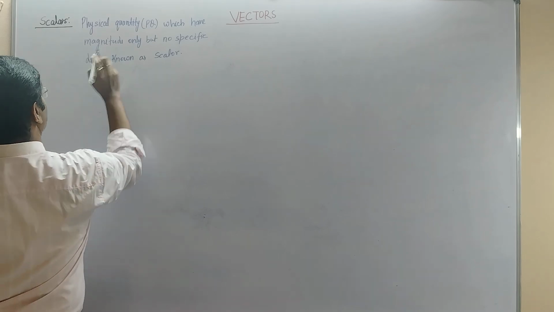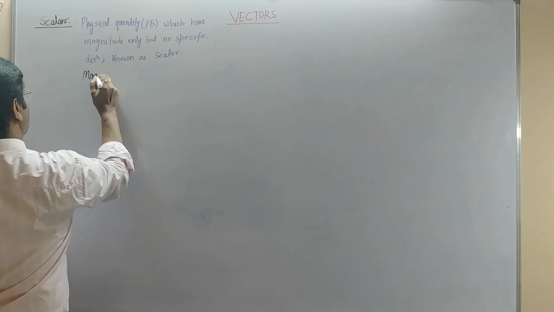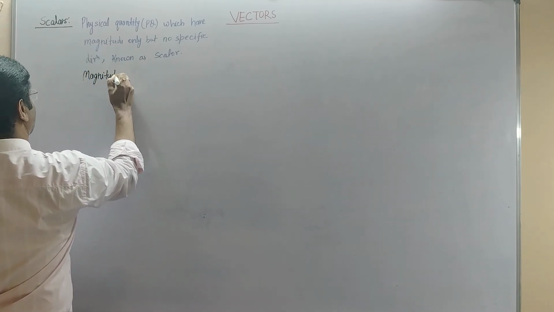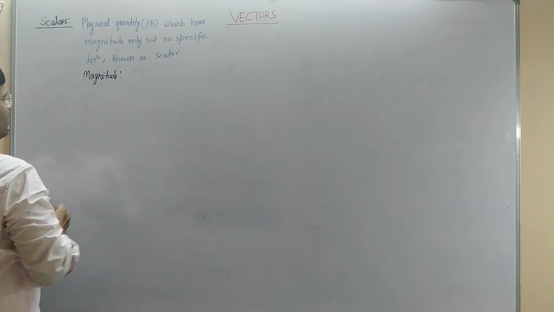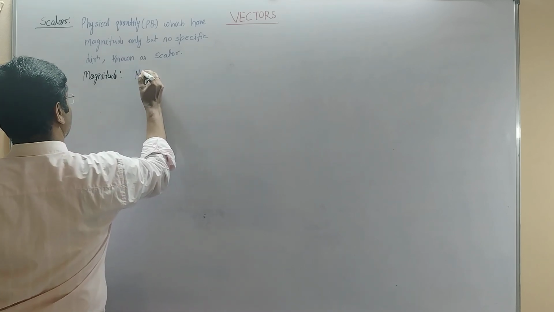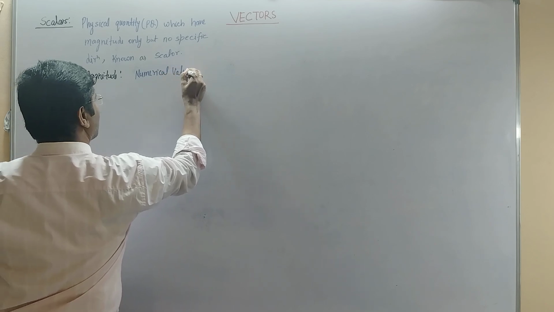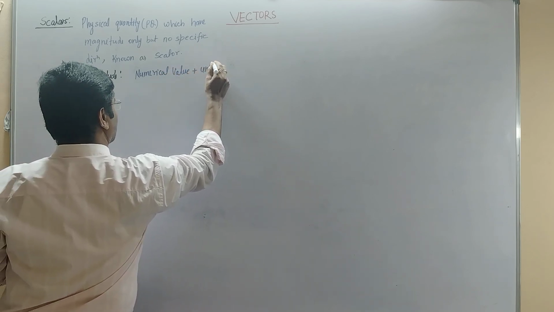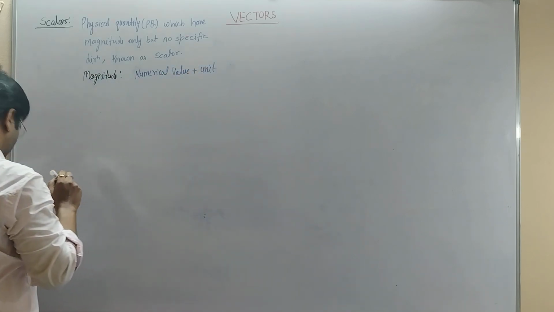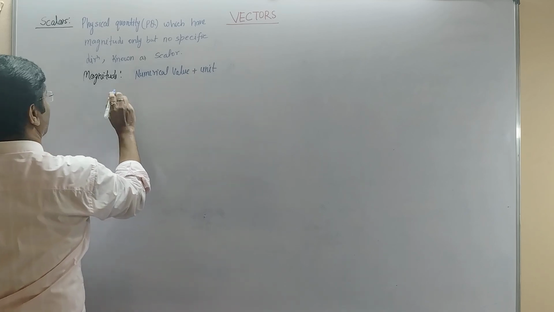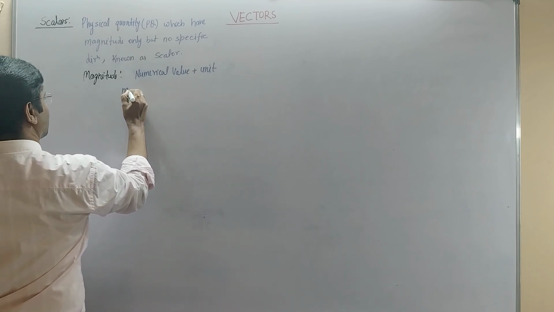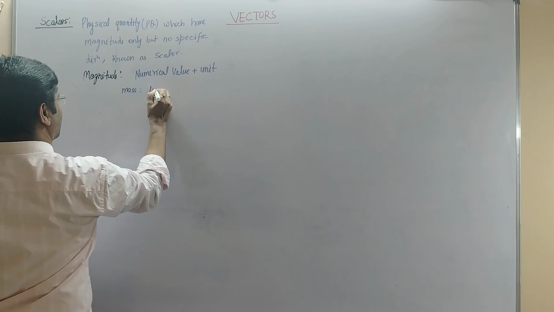Here magnitude means it will have numerical value plus unit. For example, I am saying that mass equal to, let's take 10 kg.